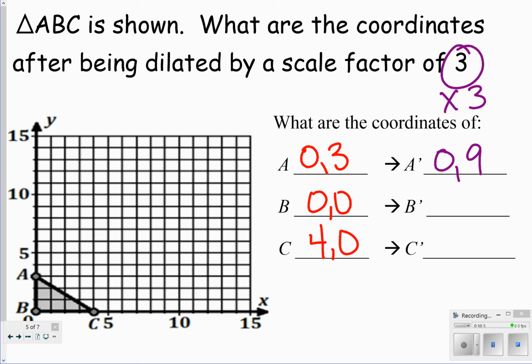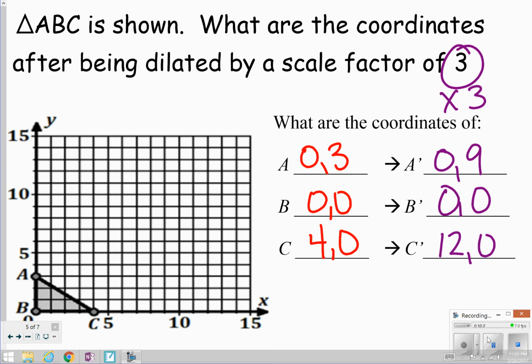B was (0, 0), and B prime remains (0, 0). And C was (4, 0), so it will now become (12, 0). And we need to add this new shape. As you can see, by adding those points onto our coordinate plane, our triangle is now significantly larger than our pre-image was.